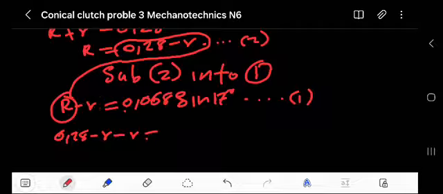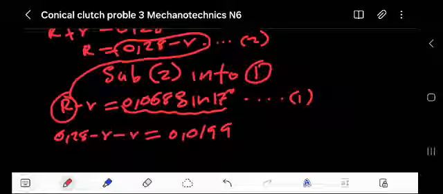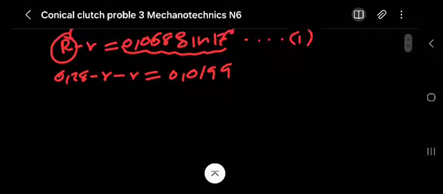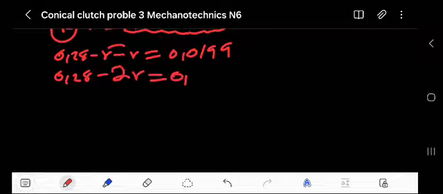So this is equal to, you can punch this on the calculator, 0.0199. Then here we'll have 0.28, and R and R is the same, so 2R, equals 0.0199.